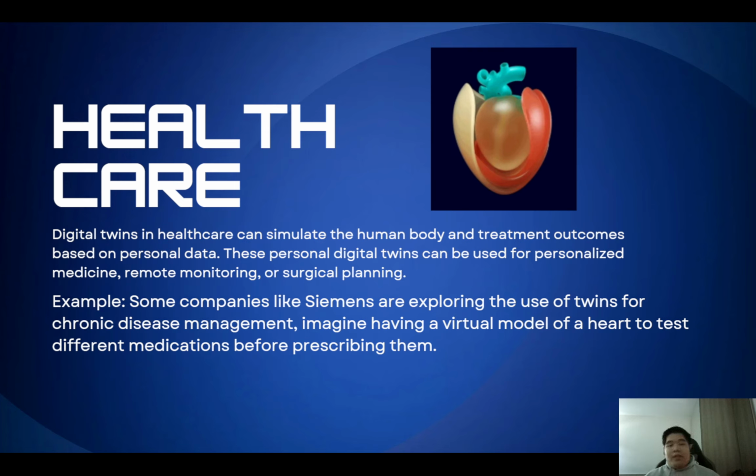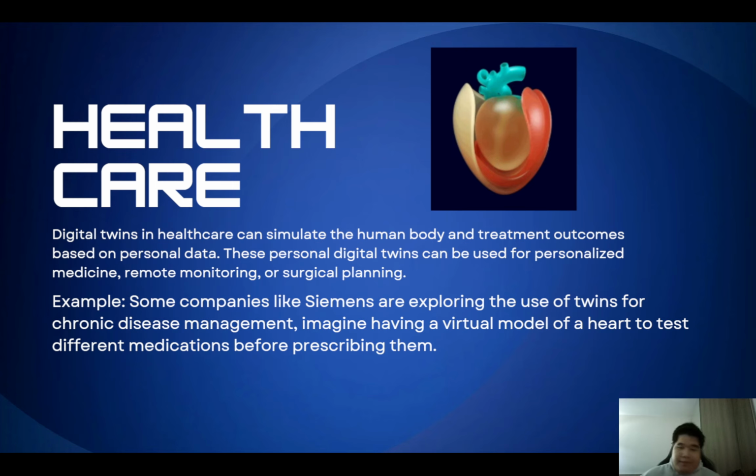They can examine your body from the digital twin and plan from that first, then perform a real surgical procedure on your physical self. And of course, the success rate will be a lot better because they already tried it on the digital twin, right? Okay, this is what I think really benefits us.